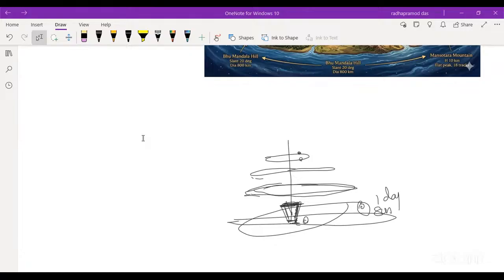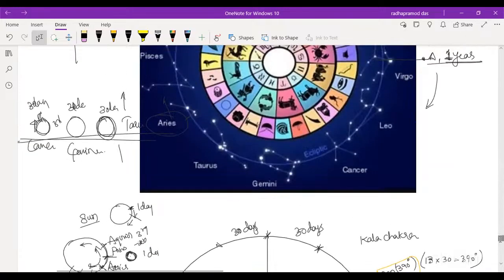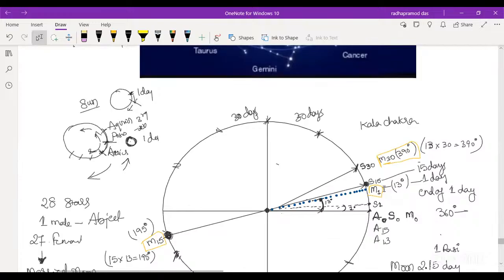Moon takes how much time, Prabhuji, to move around? Moon takes one day less than a year... no, less than 1 day. It takes 22 or 23 hours, something like that. It takes less than 1 day to complete. That's why the moon is lagging behind by 13 degrees. This diagram is showing that only. If you see here, the moon is 13 degrees behind, but the sun is only 1 degree.